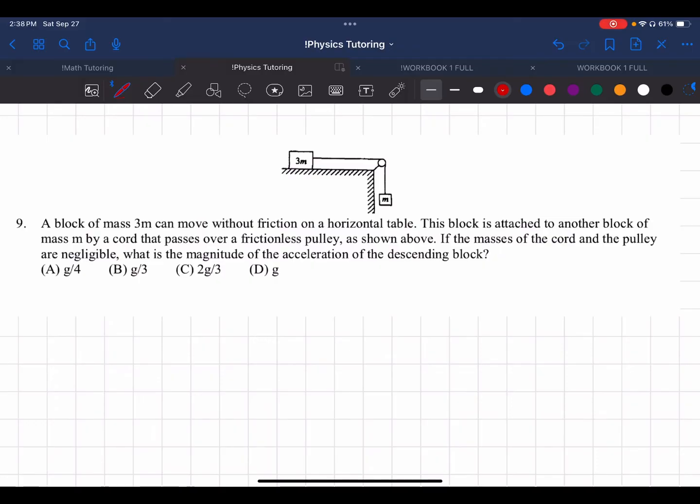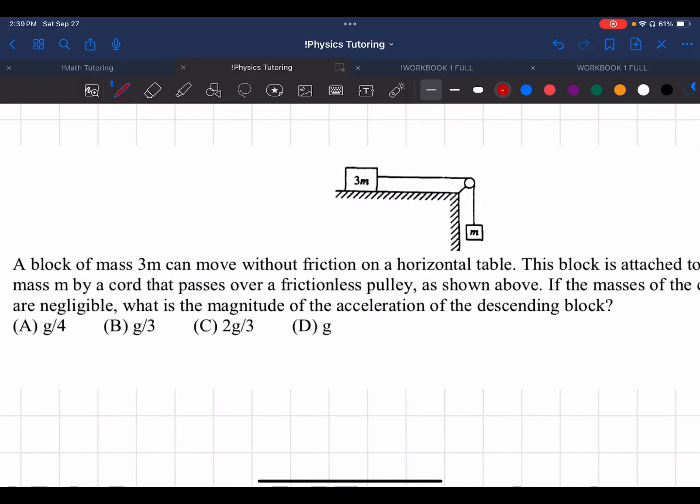I'm going to show you guys two ways to do this problem. One way is a little harder in my opinion, and the other is easier, but I'll show you how to do both. The main concept is like I was saying: you're going to have two free body diagrams, one for each object.